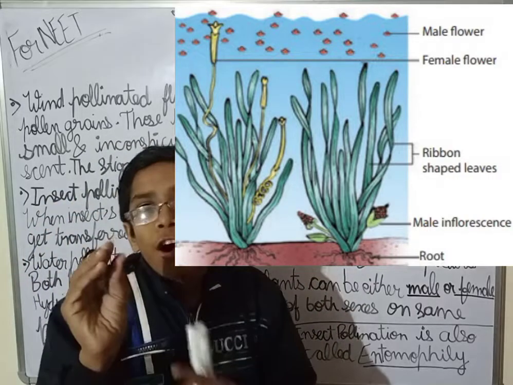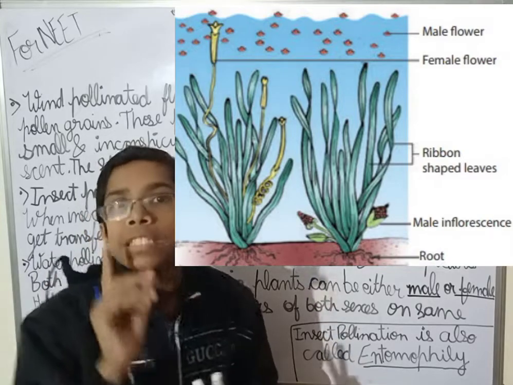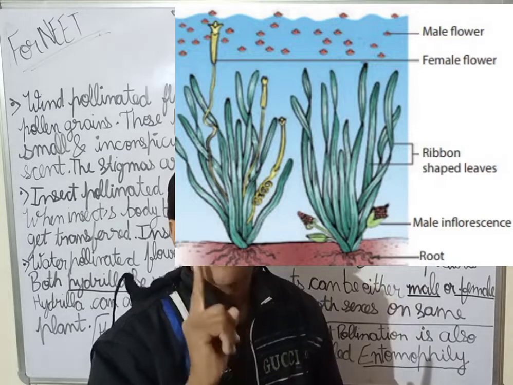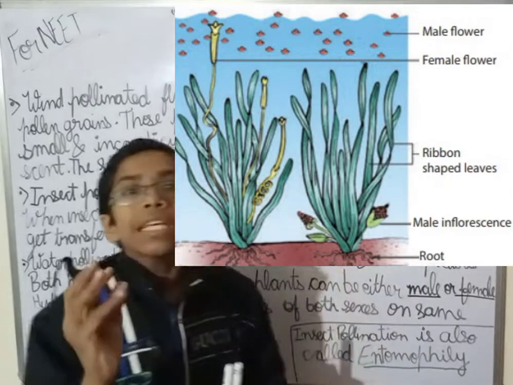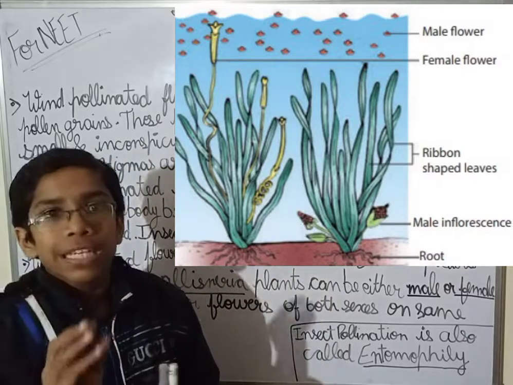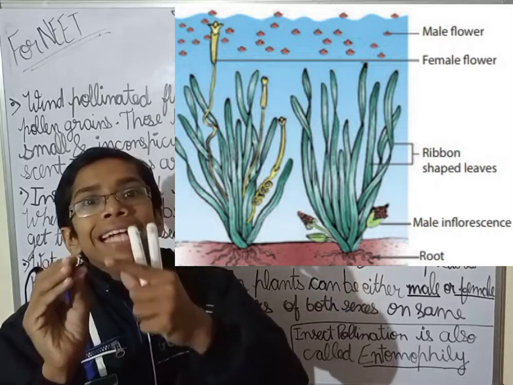Now the stigma of the female flower is sticky. You have to remember this thing. The stigma of the female Vallisneria flower is sticky so that it attaches.